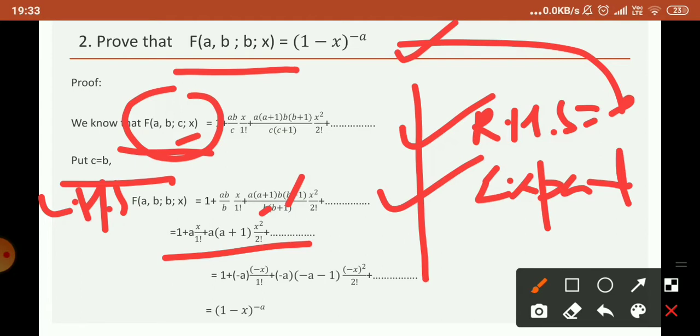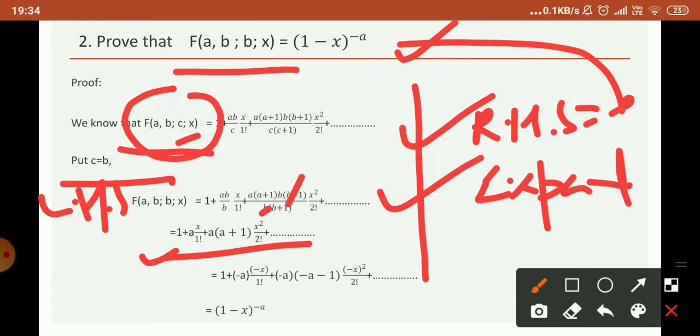On the other hand, we can rewrite this result if we don't want to solve the right hand side but want to reach the right hand side directly. What we will do is put a minus sign before a and before x. Both minus minus will become plus, so this plus sign here is replaced by minus minus.